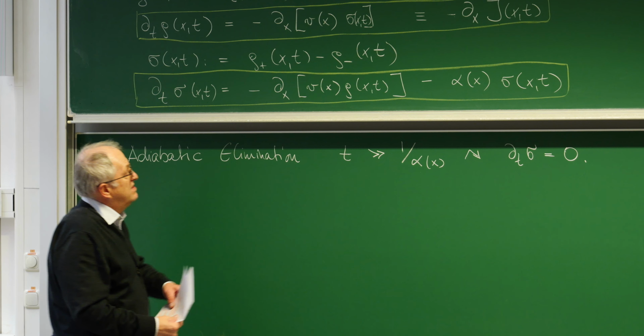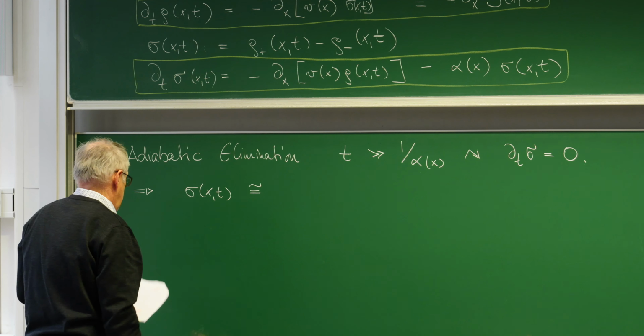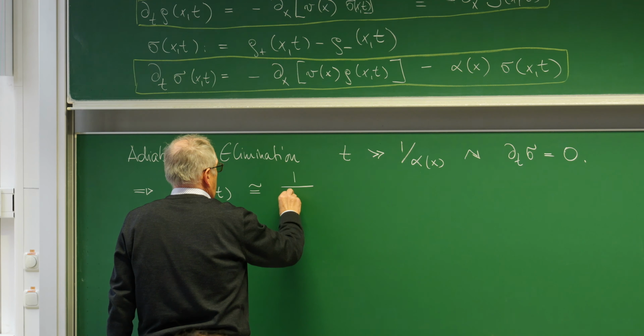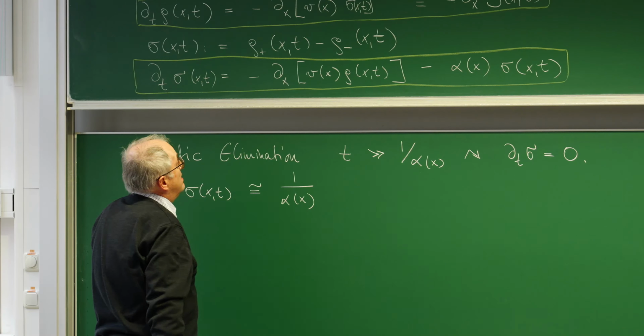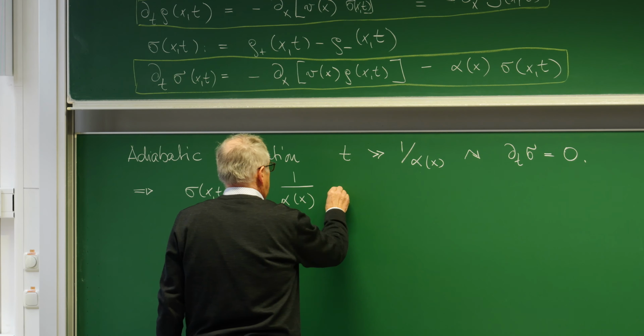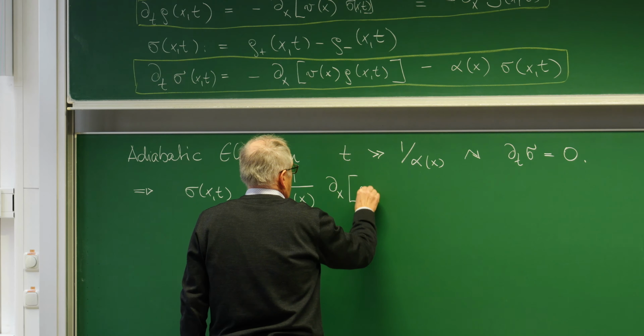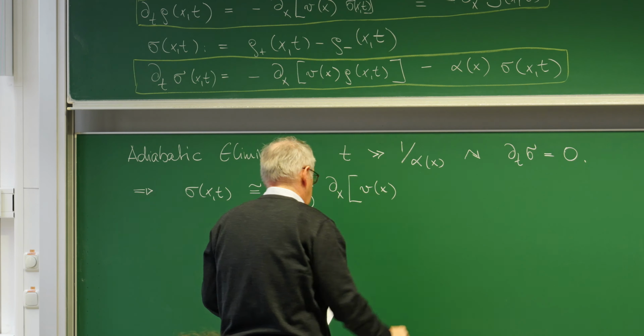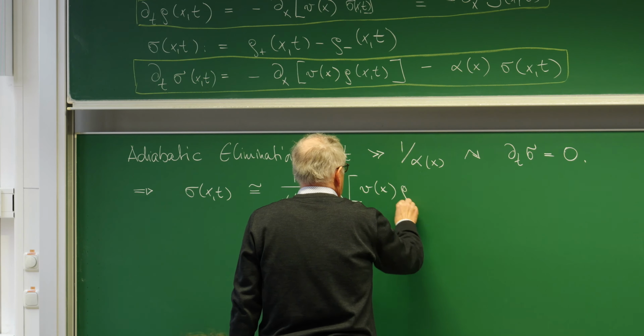So from that, if we just write it out, from this equation, solving the right-hand side equal to 0, we get sigma of x and t is equal to, in this approximation, 1 over our rate of tumbling times the gradient of v of x and rho of x and t.